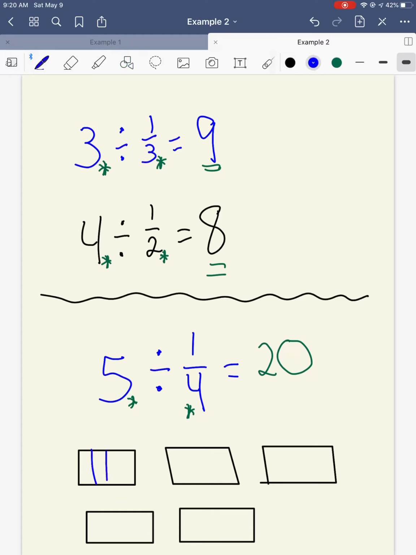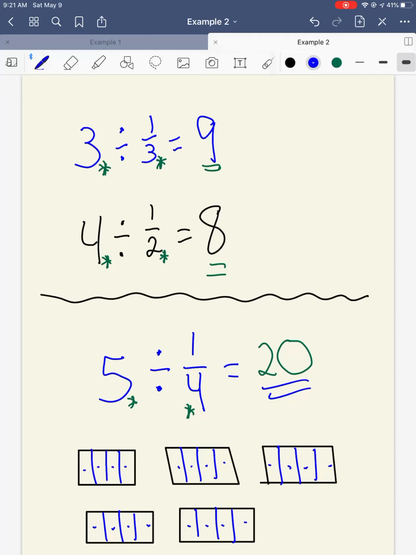So if I split them into fourths, again, they're not going to be perfect. And I understand they're not all the same. That's okay. We're looking for making sense of what's going on. We've got 1, 2, 3, 4, 5, 6, 7, 8, 9, 10, 11, 12, 13, 14, 15, 16, 17, 18, 19, 20. So that does confirm what we thought.